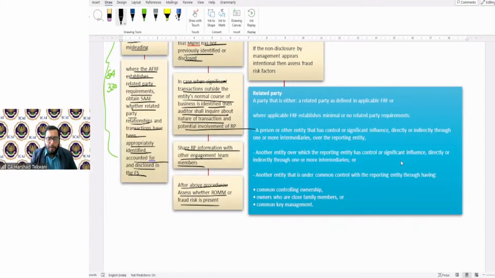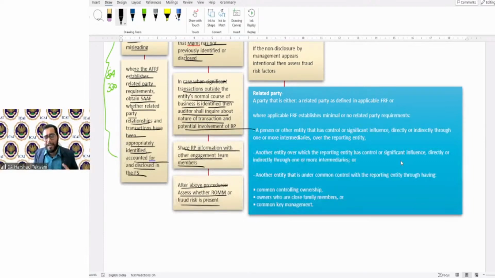Now, I performed the procedures, I went through everything, and I think there is one more meeting which is missing, which management has not given minutes of. I go to the management and ask them to share the minutes of the missing meeting. In that case, I need to first provide the details of that meeting. I cannot directly say, on the basis of my hunch, that there is some meeting missing and you are hiding something.